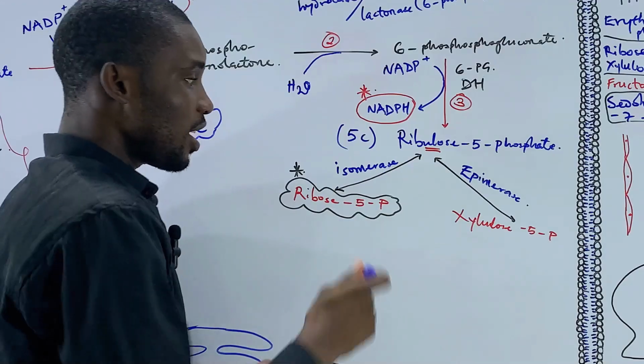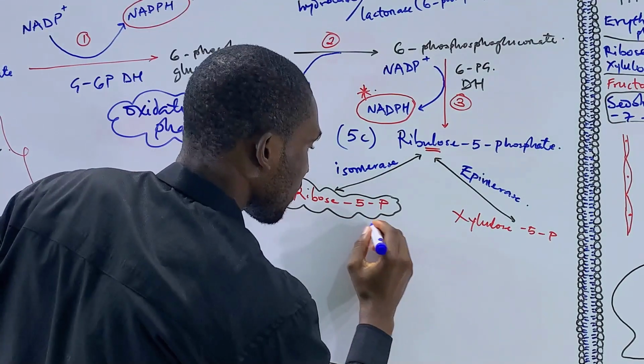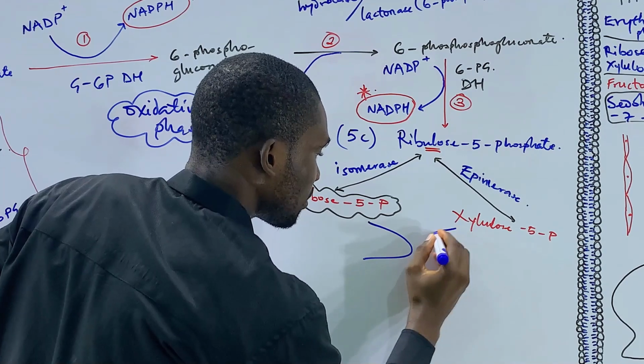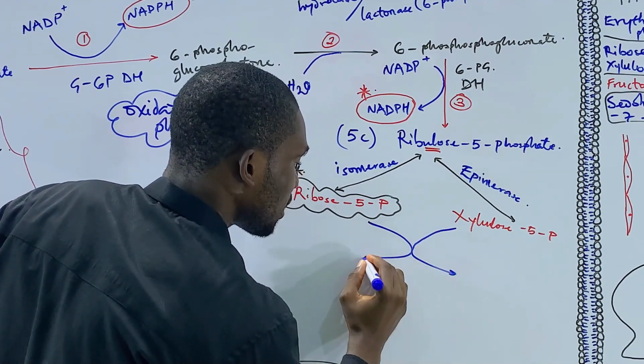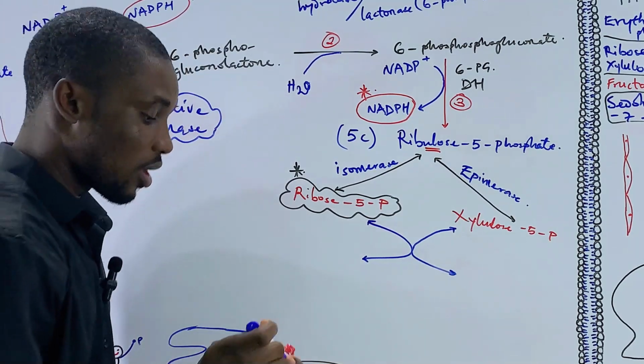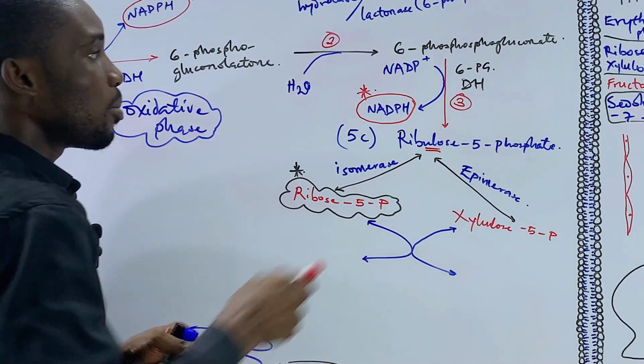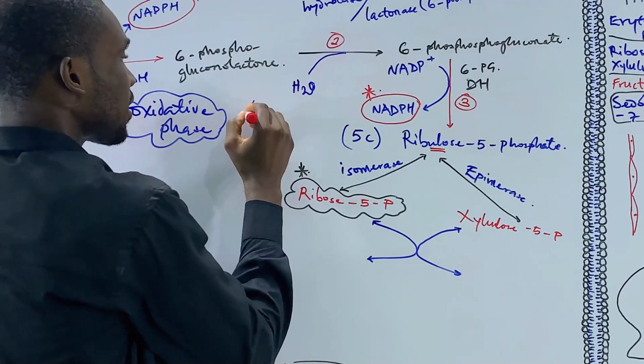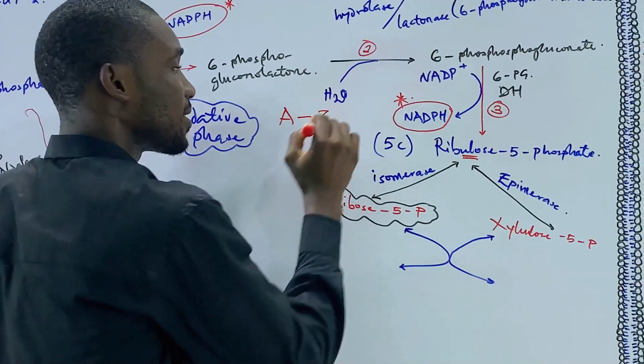Yeah. In the next reaction, we have a reversible reaction which involved the transfer of some carbon atoms from one molecule to another. Always remember with the mnemonic that we have the alphabets, right?